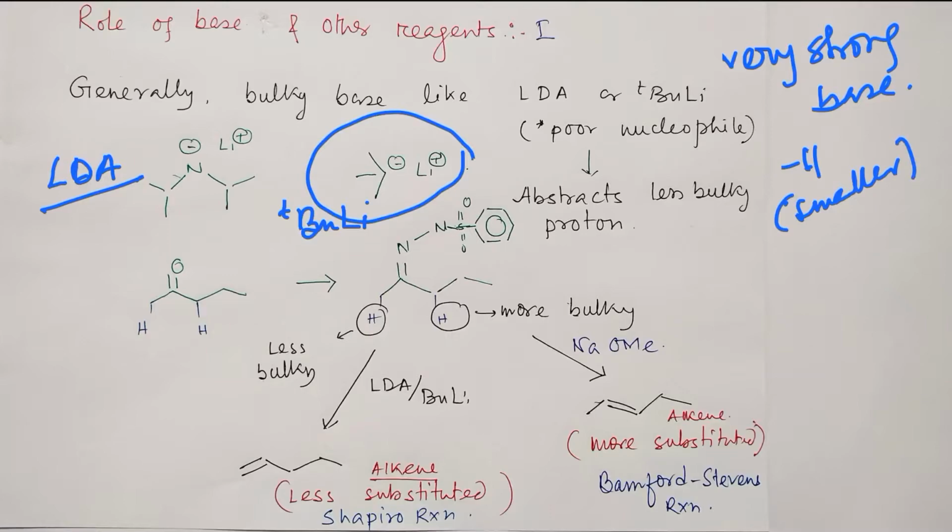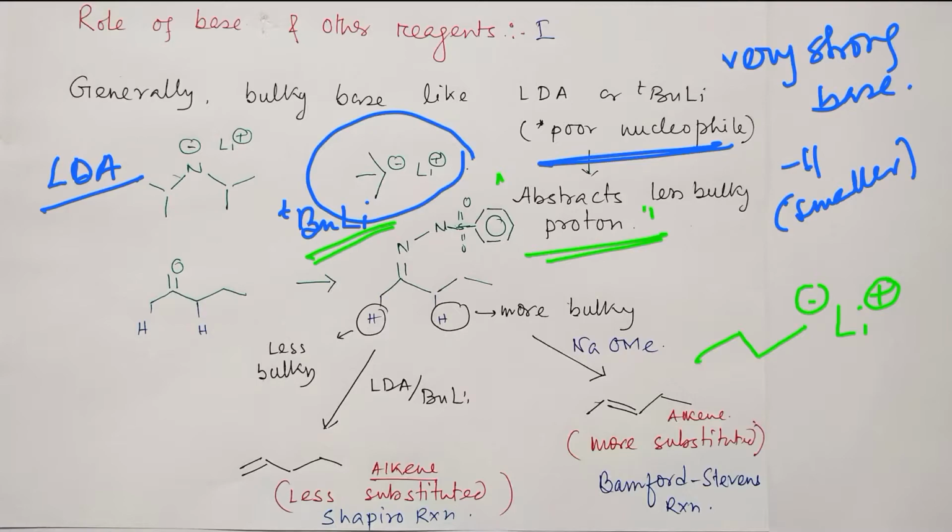So it is a very strong base and poor nucleophile, and an additional advantage of being bulky is that they abstract the less bulky proton. You will find this property of LDA or tertiary butyl lithium very clearly. For example, n-butyl lithium can act as both base or nucleophile depending on the situation, but tertiary butyl lithium is selective as a base, not a nucleophile, because of the bulkiness associated with the methyl groups.